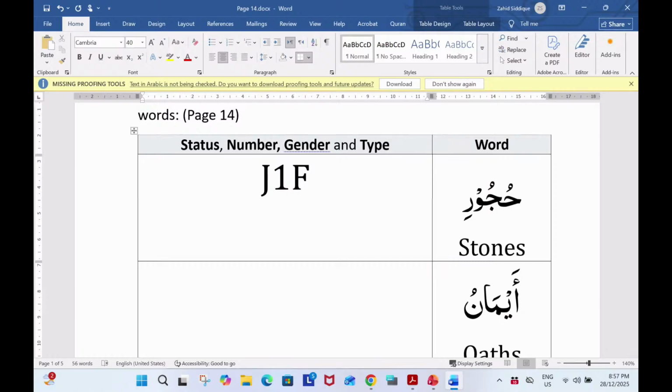So we studied 7 types of proper yesterday. So this word does not start with al, and it's not the name of a specific person. So that's why it would be common. Is it clear? Any confusion?